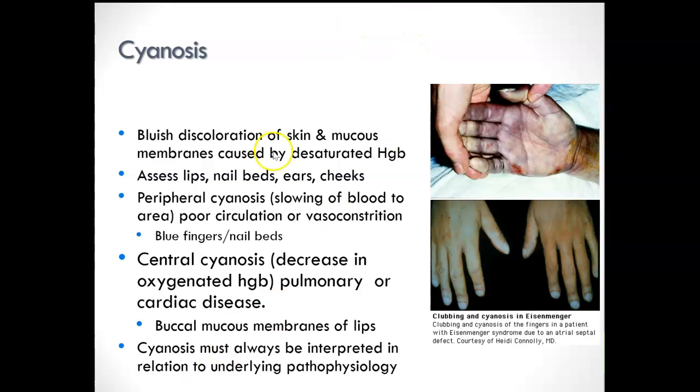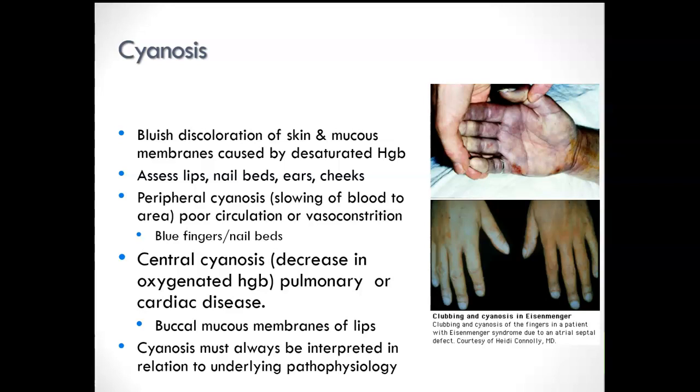Cyanosis. So cyanosis is something that we see when there's not enough oxygen. It's caused by desaturated hemoglobin, meaning not enough oxygen on the hemoglobin. So you want to look at things like lips, nail beds, ears, cheeks.